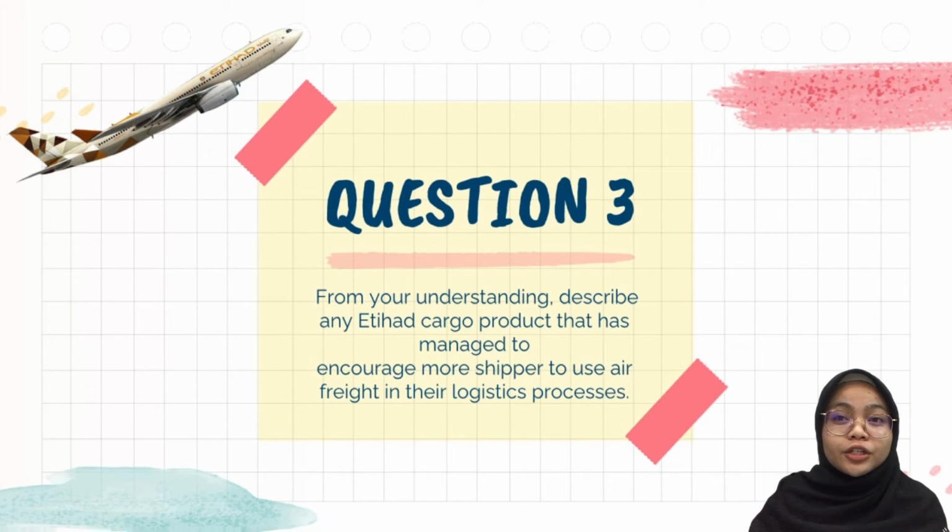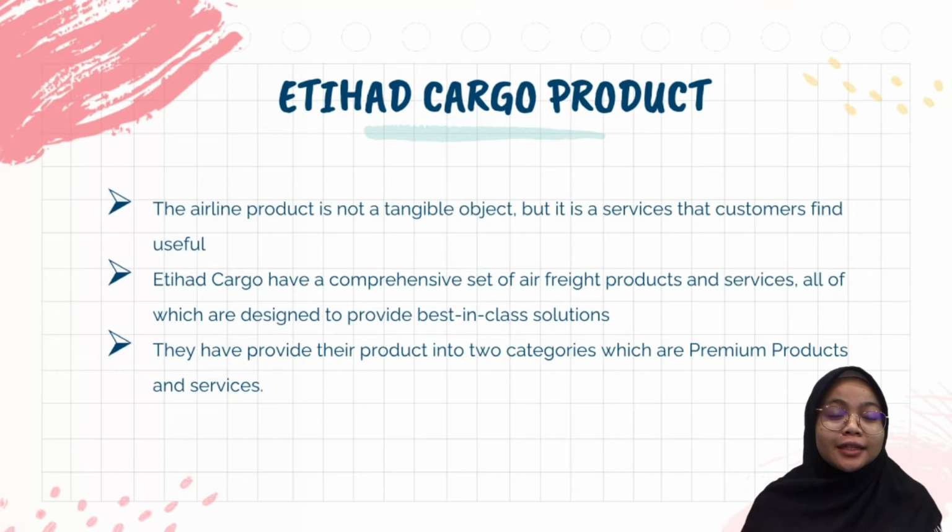For the third question, from my understanding, describe any Etihad cargo product that has managed to encourage more shippers to use air freight in their logistic process. Usually, the airline product is an intangible object which we cannot see, but at the same time, we can use it, and it is a service that customers find useful when using it.